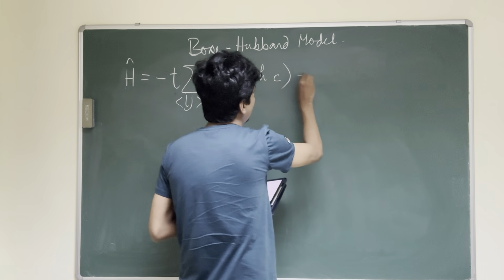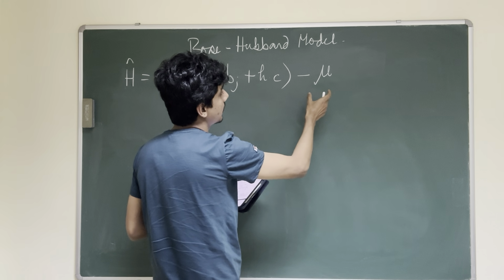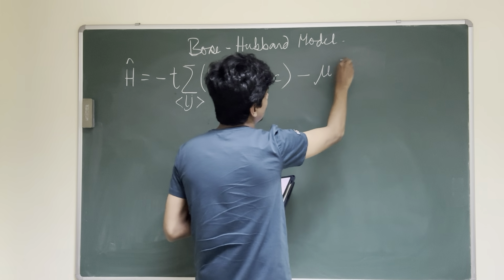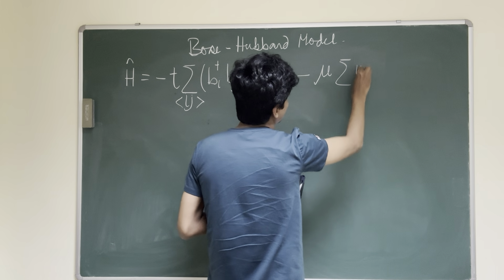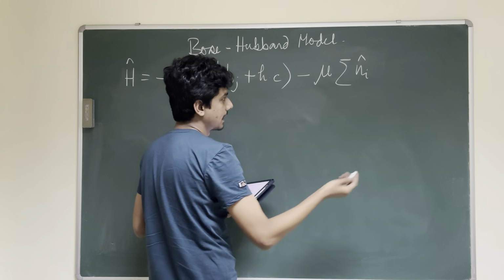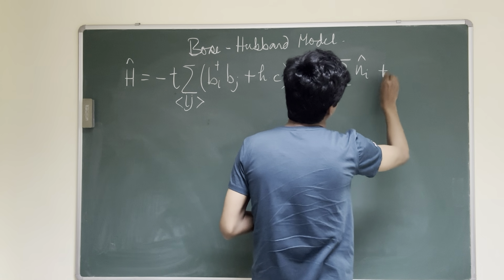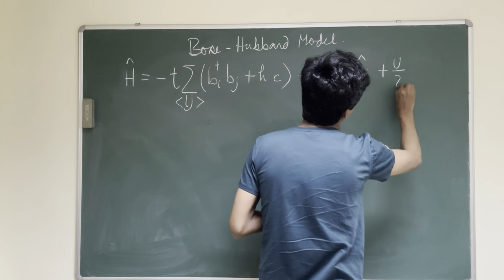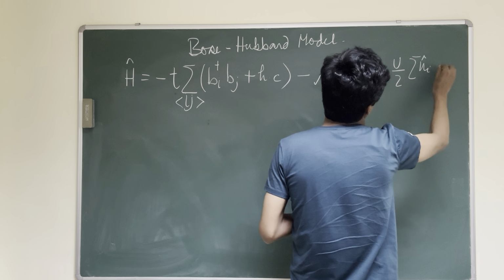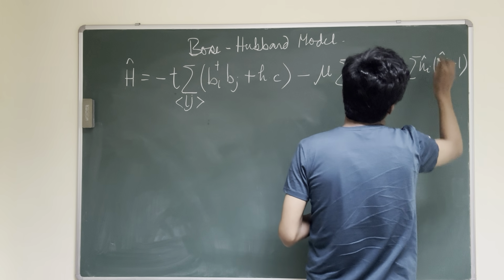And then another term is mu, which is a chemical potential which controls the filling on the lattice point, times the occupation number ni, which is bi dagger bi, I will explain in a bit, plus U by 2 times ni times ni minus 1.